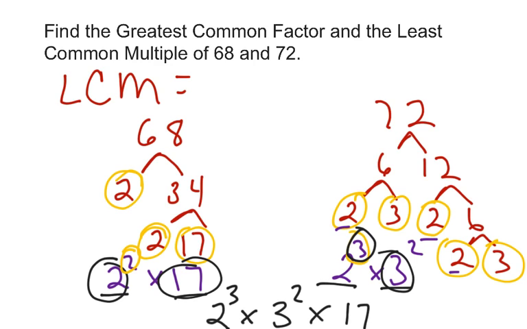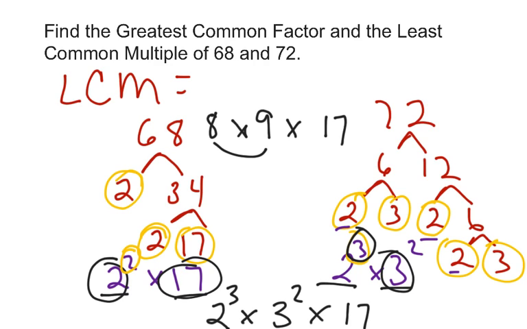Order of operations says, of course, that I do the exponents first. So I'm going to get 2 to the third power, which is 2 times 2 times 2, which is 8. 3 to the second power, which is 3 times 3, or 9, times 17.